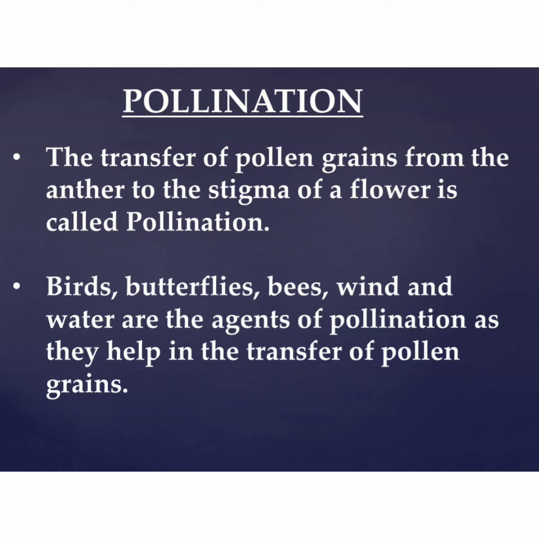Now, for this, there are many agents like the birds, the butterflies, the bees, wind, water, even animals. These act as agents of pollination and they help in transferring the pollen grains from the anther to the stigma of a flower. And this entire process of transfer of pollen grains from the anther to the stigma of a flower is known as pollination.